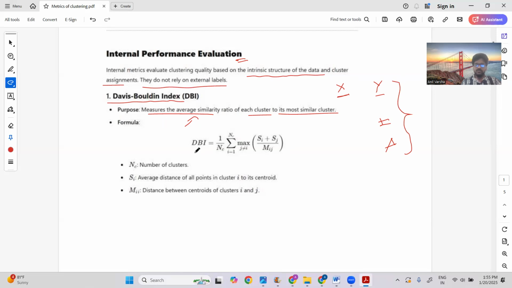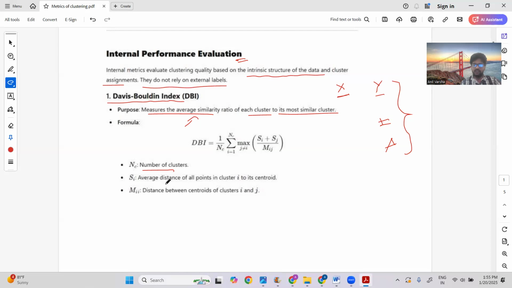The formula is DBI equals 1 by Nc, where Nc is the number of clusters, the sum over i equals 1 to the number of clusters, of the max over j not equal to i, of (S_i plus S_j) divided by M_ij.